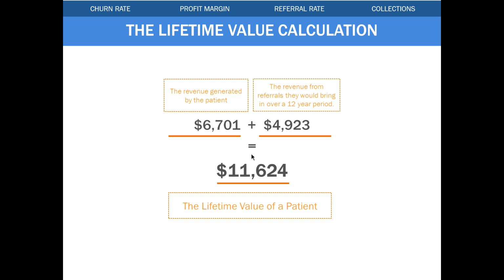From our example, the number we came up with was an 8.3% churn rate, and that was a 12-year life cycle. So we have to take that over the 12-year period and add that in. If you only took the numbers without the referrals in there, this number would look a lot different.